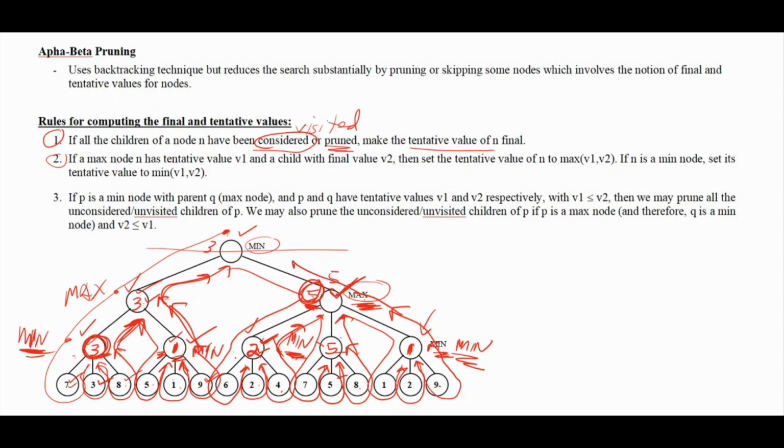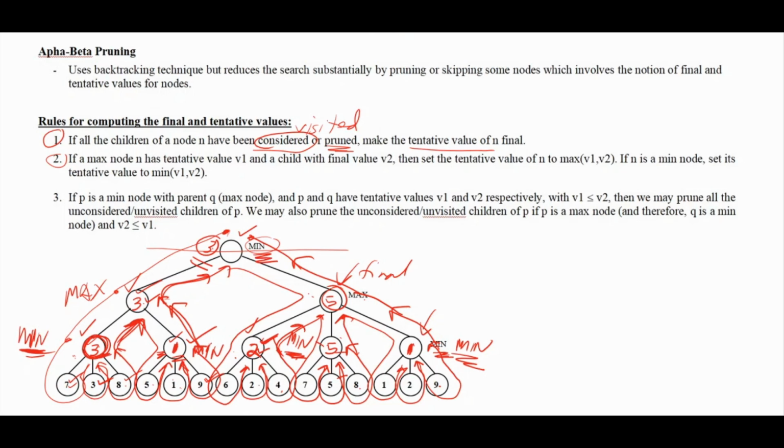When we go up, we make this tentative value 5 for this node final. Okay? This is now a final value. And when we reach back to the root node, we update the tentative value of the root node 3 by getting the minimum of 3 and 5, the final value of the recently visited child node.